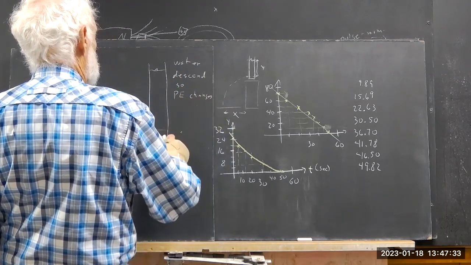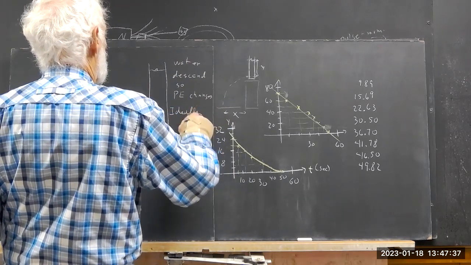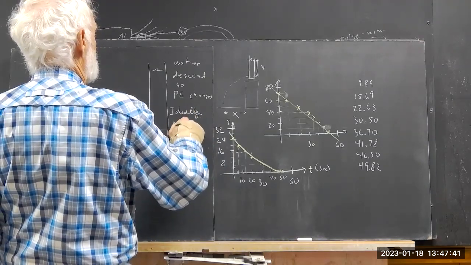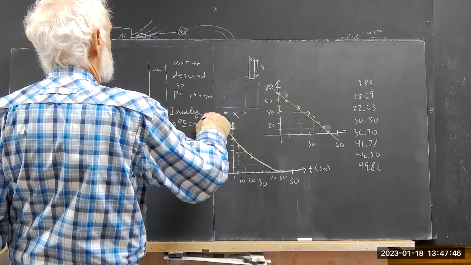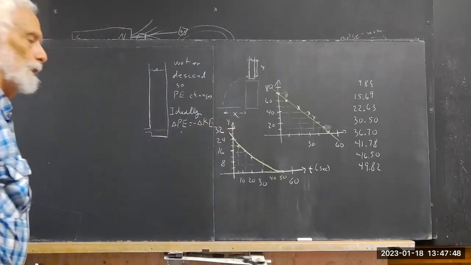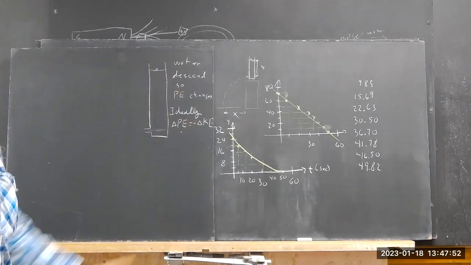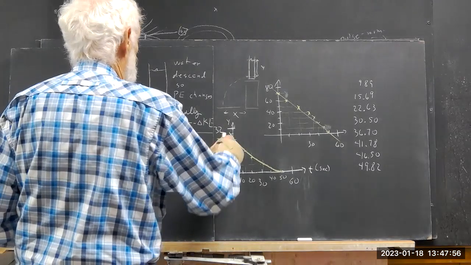Ideally, delta P is equal and opposite to delta K, or delta U and delta K.